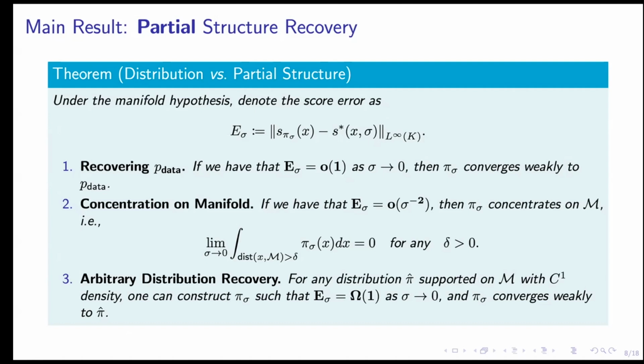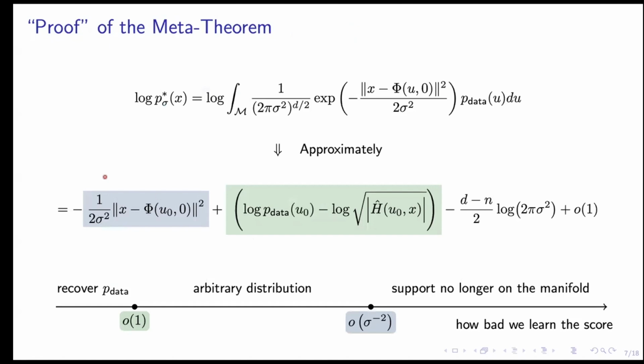Then we were wondering, inspired by this, can we do more? Even given a bad score function, can we generate a distribution that's meaningful on the manifold? We have already seen that the leading term is very clean, it's just the geometry term. Even if we discard the p data, the density information, we might still be able to do something meaningful.